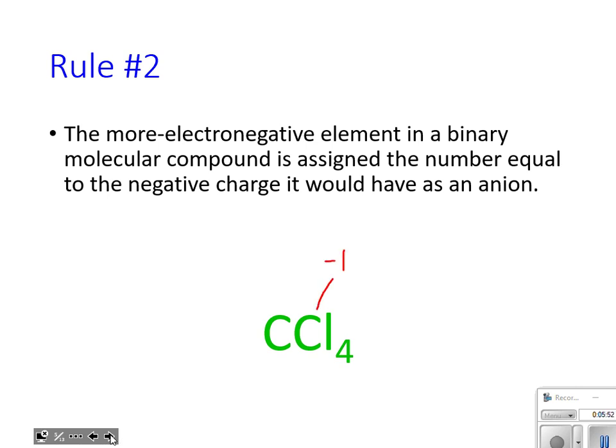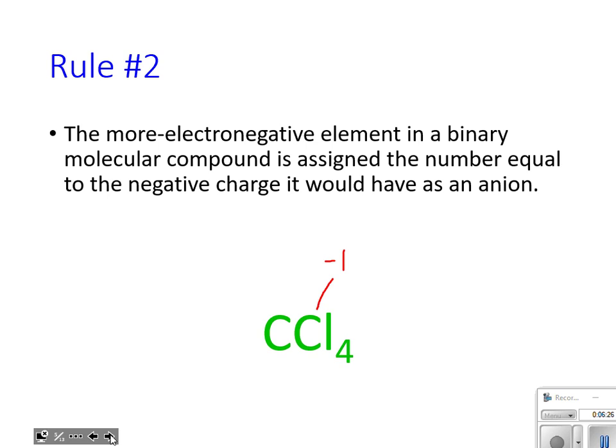Chlorine is -1. Now, how am I going to determine what the charge of carbon is? Well, when we have these oxidation numbers, we're going to talk somewhere, and maybe I have my rules a little out of order, but somewhere on the sheet, it's going to say that the sum of all the oxidation numbers in a neutral compound is 0.